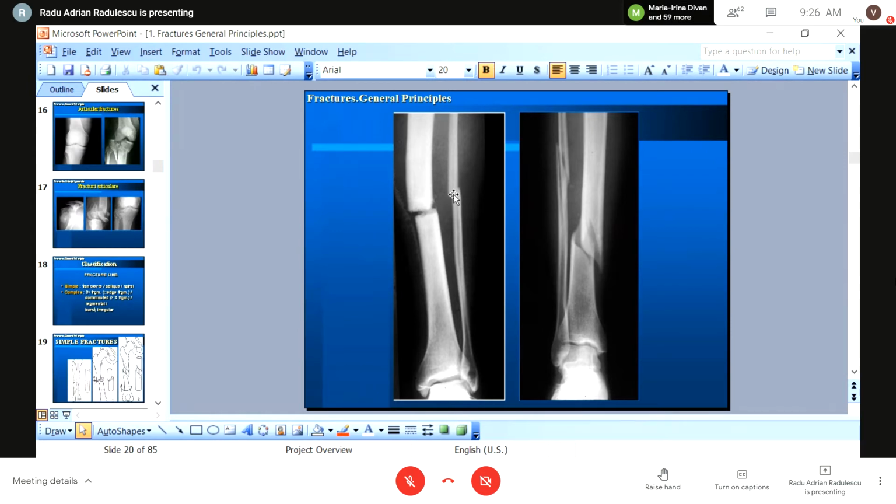Well, the fibula doesn't matter too much, because in humans the fibula has not an important function in weight bearing, because the tibia has about 98% of the weight bearing, so we don't care very much about the fibula. But here on the right side, we can see a spiral fracture, which is also unstable, like I said before. So these are x-rays for these two types of fracture.